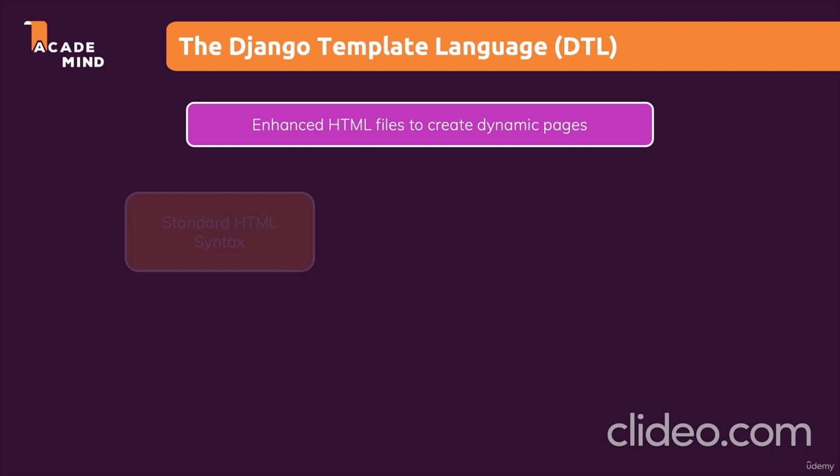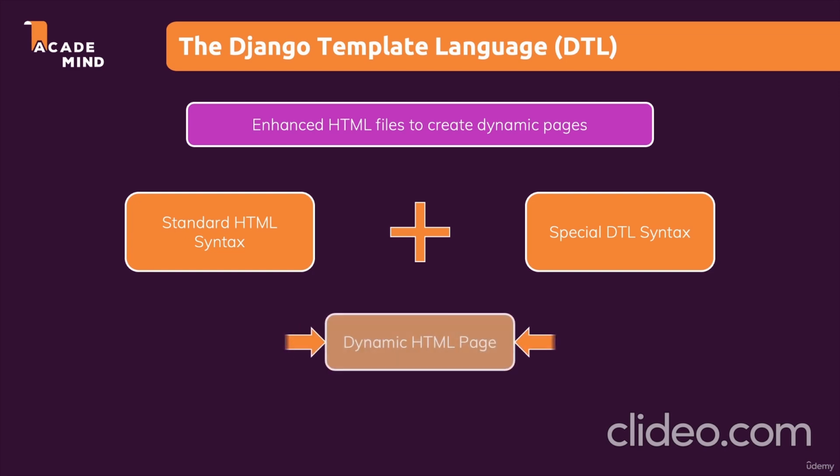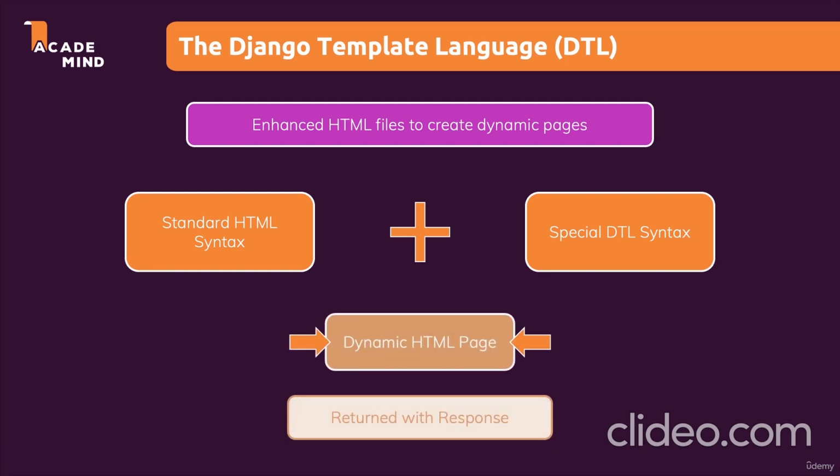So the idea is that we have standard HTML syntax, as we saw it thus far, combined with this special Django template language to dynamically inject values or dynamically create HTML elements inside of this HTML file so that we then can send back a customized dynamic response to the client. And we therefore have a dynamic HTML page as a result, which is returned with the response.